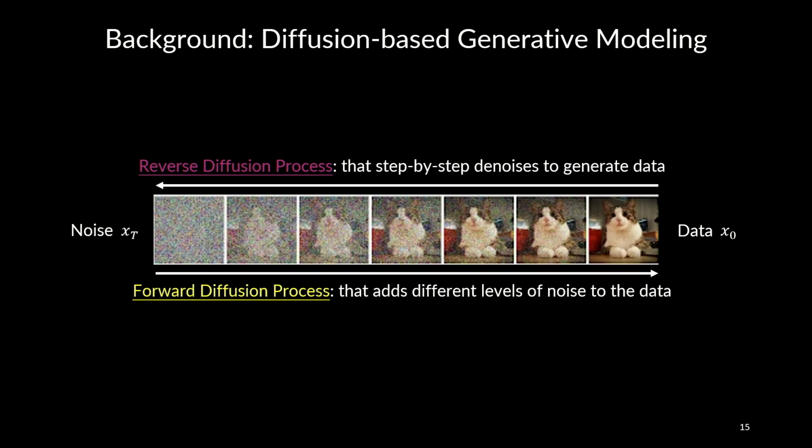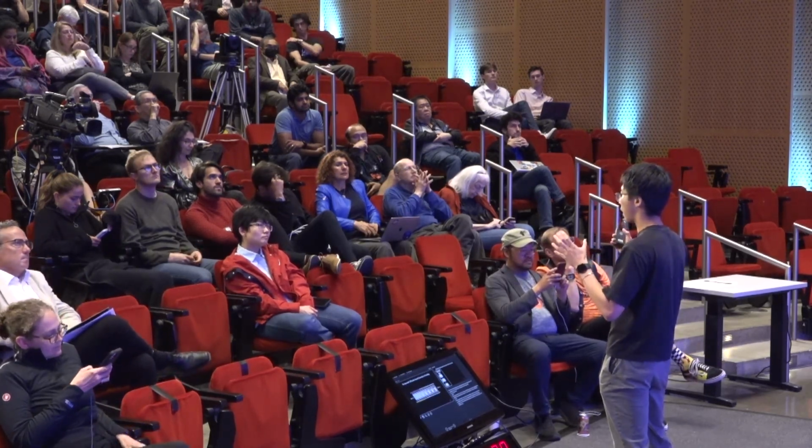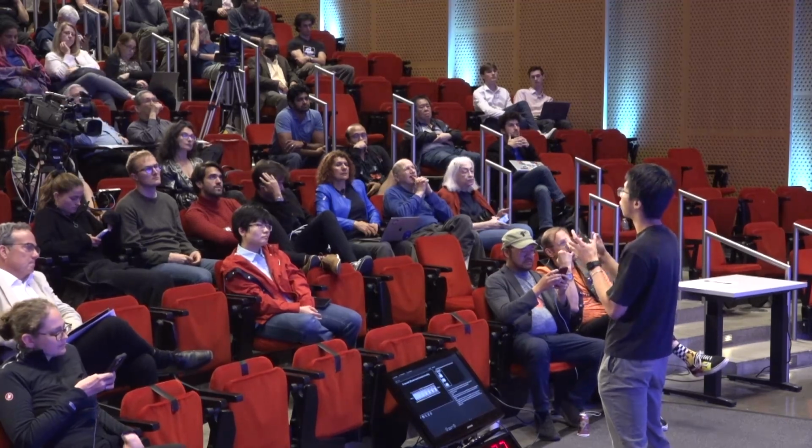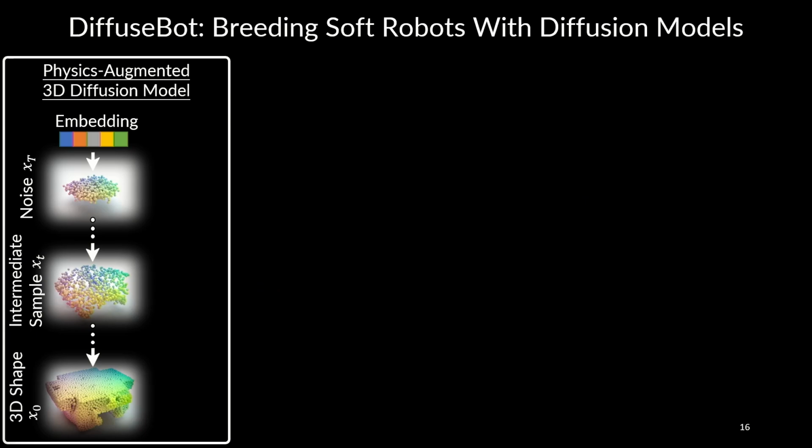I won't go into the details, but I would like you to imagine animations of scattered cavity, like random noise. It can magically, through the diffusion process, converge and start to construct some well-structured data, like a cat image over here. Now think of this process as a 3D process.